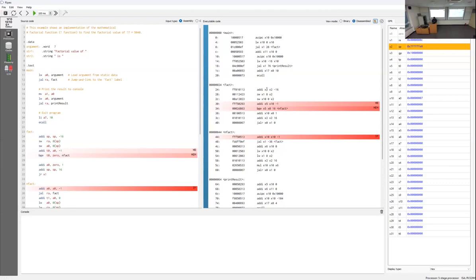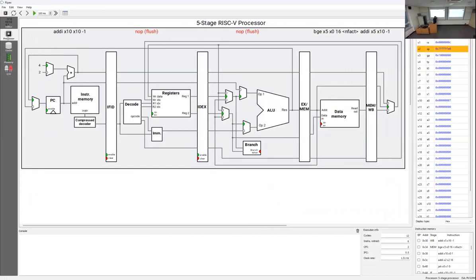Right. Sometimes it's a little bit tricky to understand the detailed behavior of the 5-stage pipeline architecture. But using this graphical tool, we can understand where instructions are in this 5-stage pipeline processor.